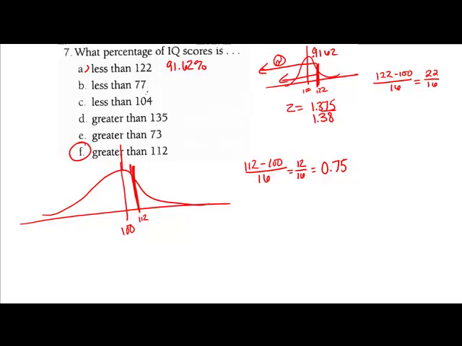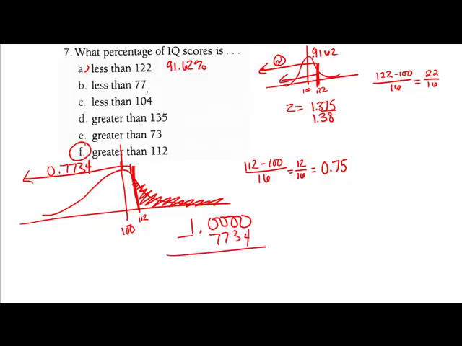So let's look it up in our table. 0.7 over to the 5, 7734. The question was asking me what area is greater than 112. So if I start with an area of 1 and I subtract 7734, I'm not messing around with this.